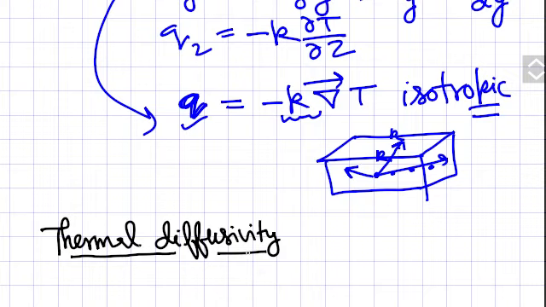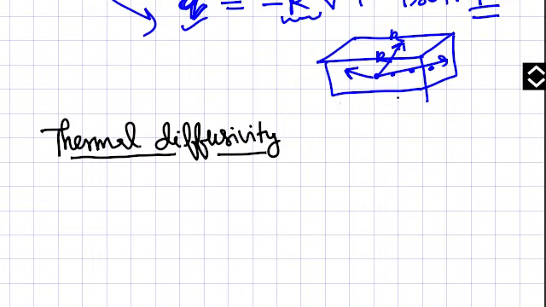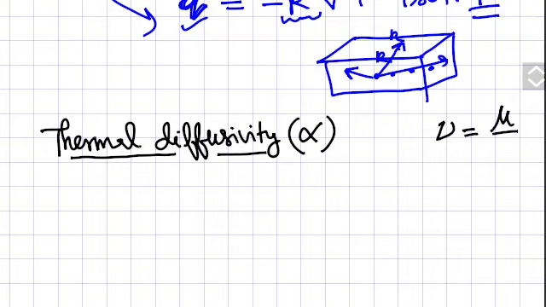Now we come to some parameters used in heat transfer, and one important parameter is thermal diffusivity, represented by alpha. Its counterpart in momentum transport is kinematic viscosity, written this way, nu, which is mu by rho, viscosity divided by density.